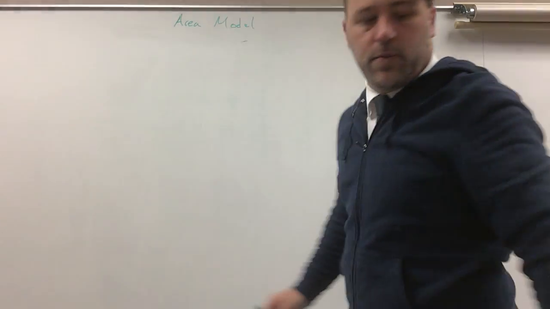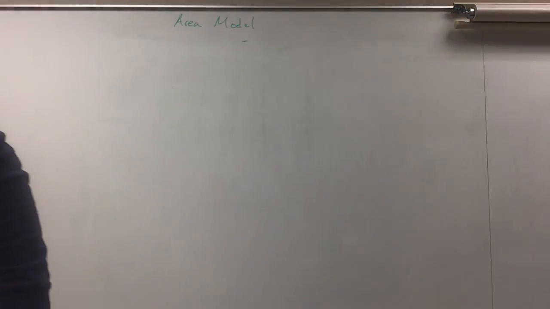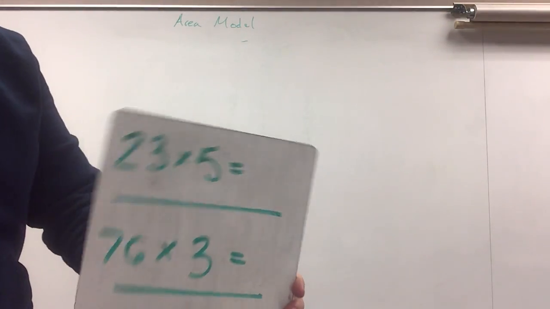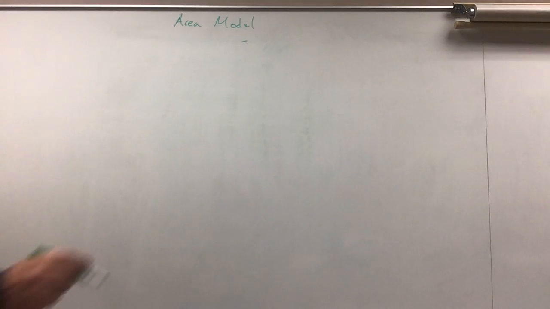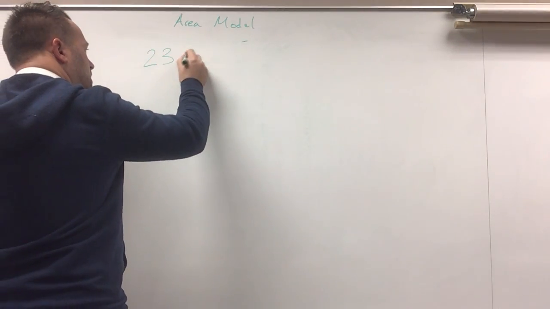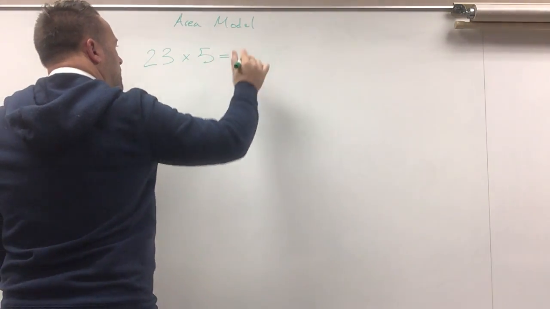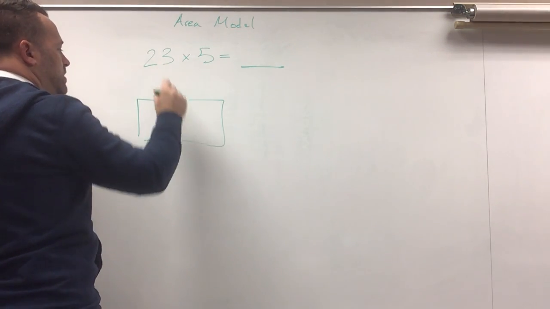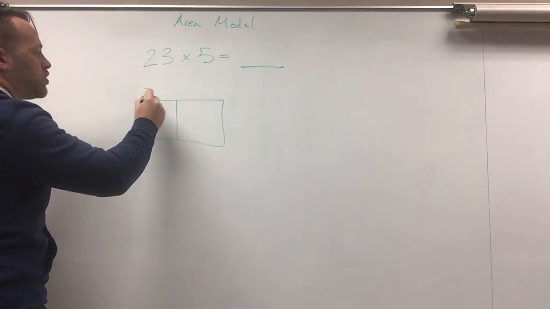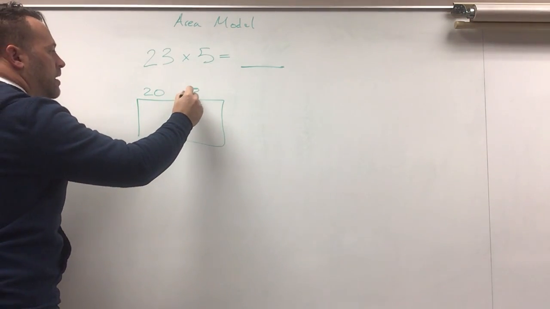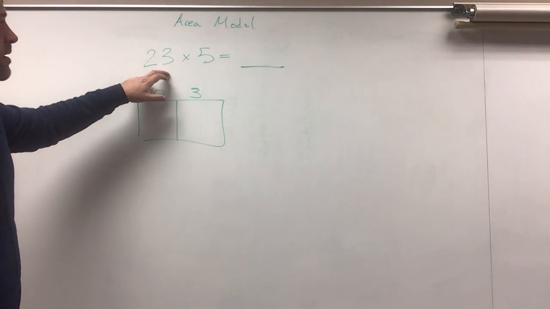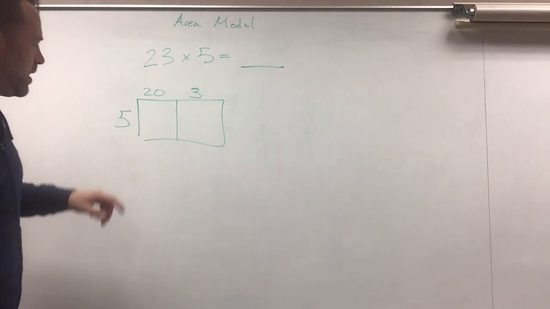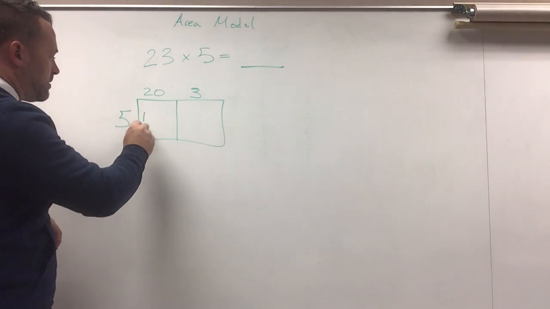Okay, area model. We're doing one more example. What does that say? 23 times 5. Two digits, 2 boxes, 20 and 3. So 23 times 5. 5 times 2 is 10.